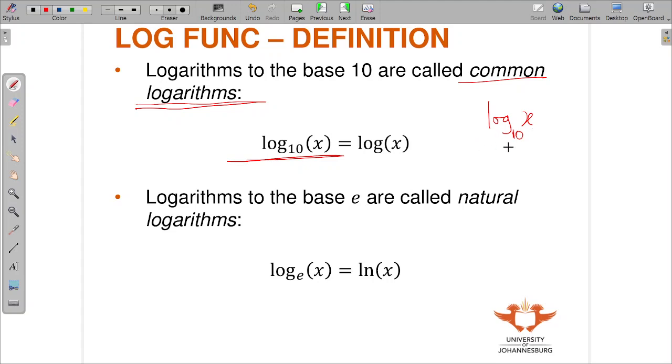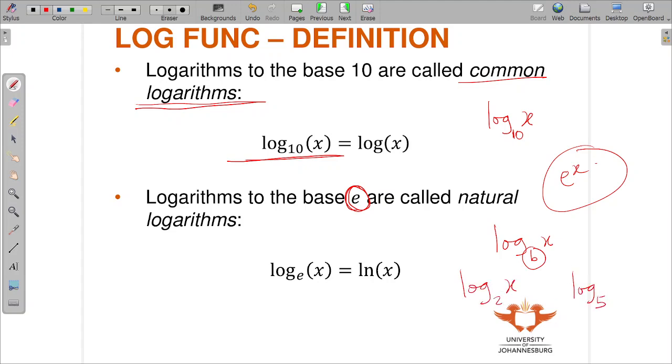Now, I told you before that the exponential function with base e is very important to us, so we want to find the logarithm to base e instead of 10. When we write log to base b of x, this b can be any base. It could be 2, 5, or 10, as we saw before.